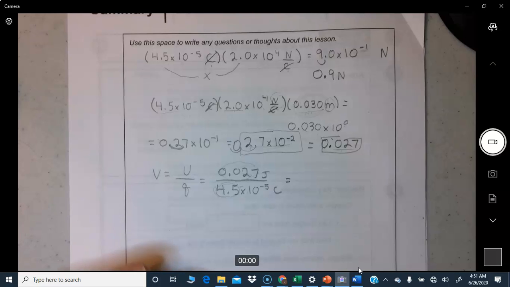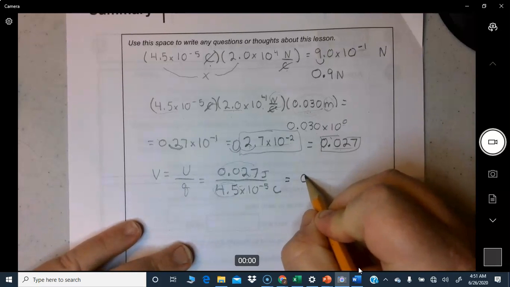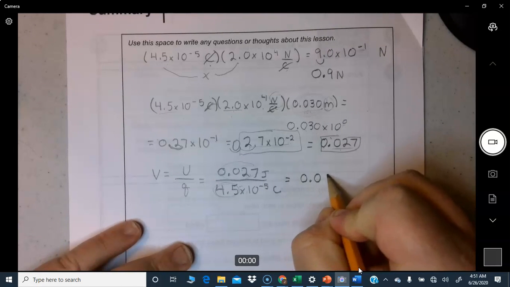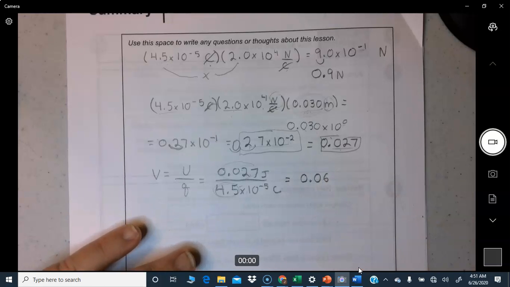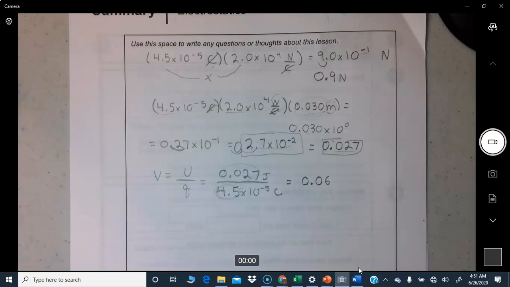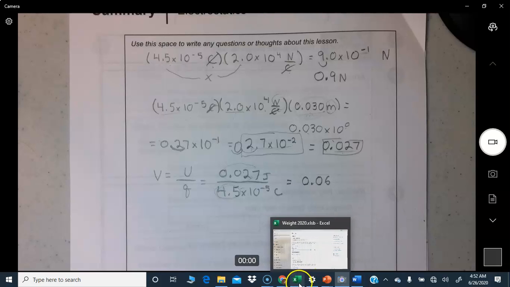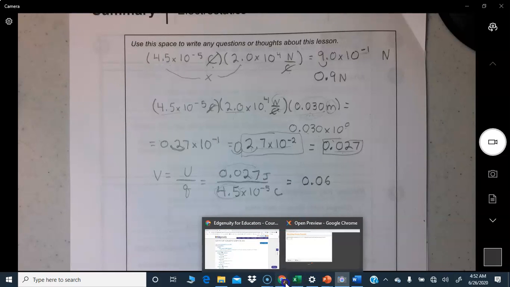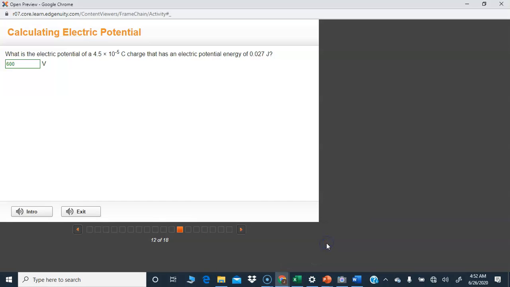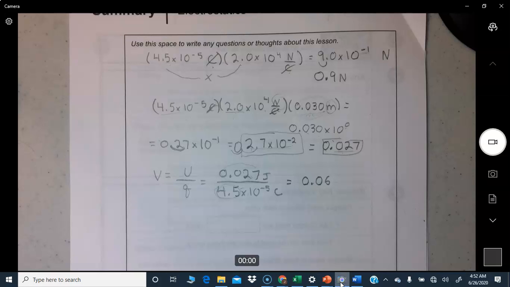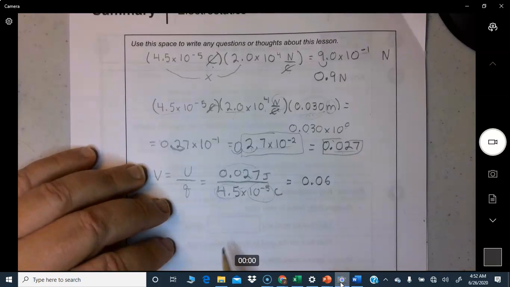Okay, and what that gives us is 0.06. Now what do you do with this?